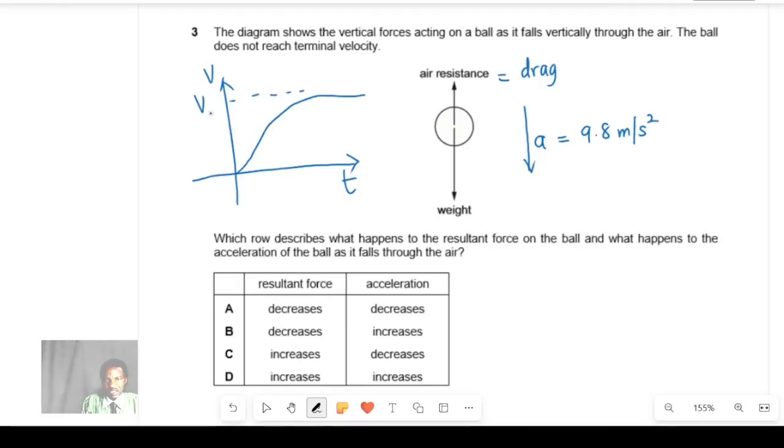So this is the terminal velocity. When it gets to terminal velocity, it starts moving with a constant velocity for a long time. So what is going to happen? The acceleration reduces, and since the resultant force is ma, once the acceleration reduces, the resultant force also reduces. So the best answer there is A.